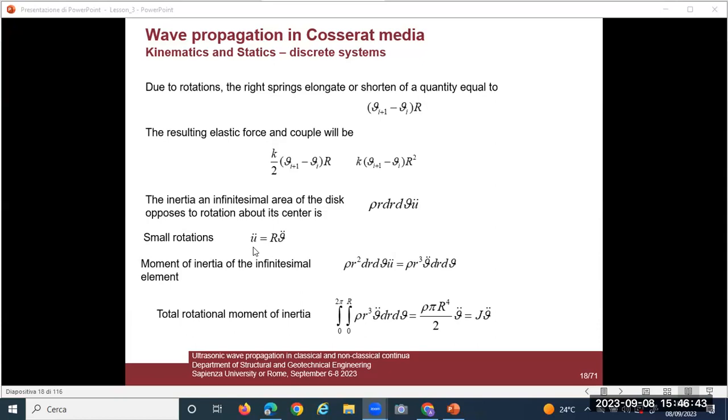The area is r dr d theta. But for small rotations, the second derivative of the displacement is small r times the second derivative of the rotation. Therefore, if you calculate the total rotational moment of inertia, you obtain rho pi times the fourth power of the radius divided by 2. This is the J, generally called in the equation J times the second derivative of theta.